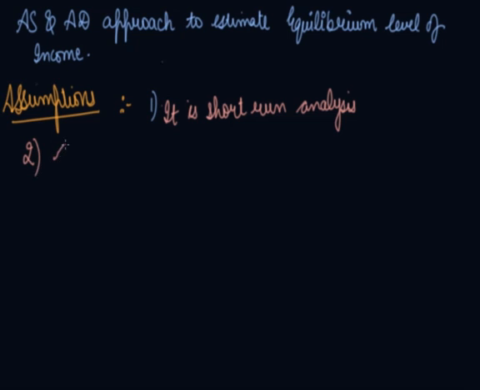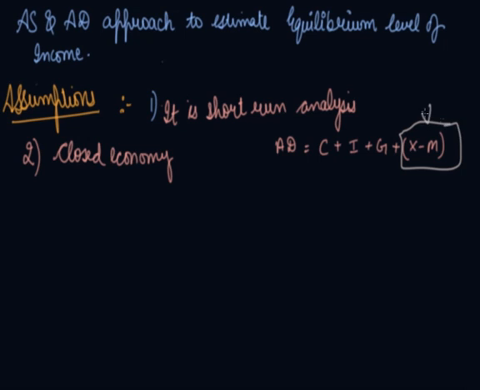Second, it is a closed economy. Your AD function was equal to private consumption expenditure, private investment expenditure, government expenditure, plus exports minus imports. But it's a closed economy, so it does not deal with the rest of the world. So this element we have eliminated from AD.